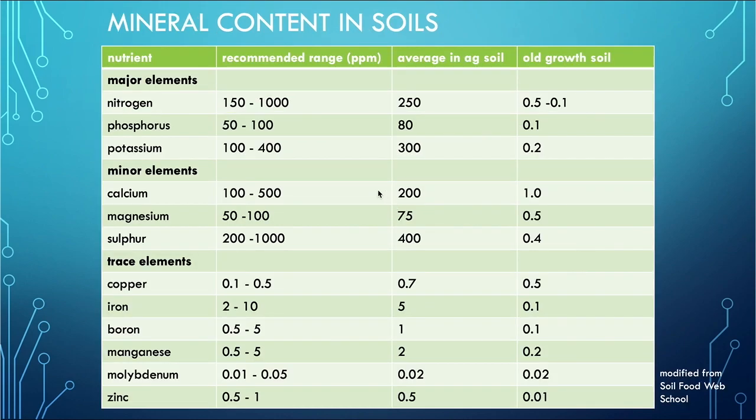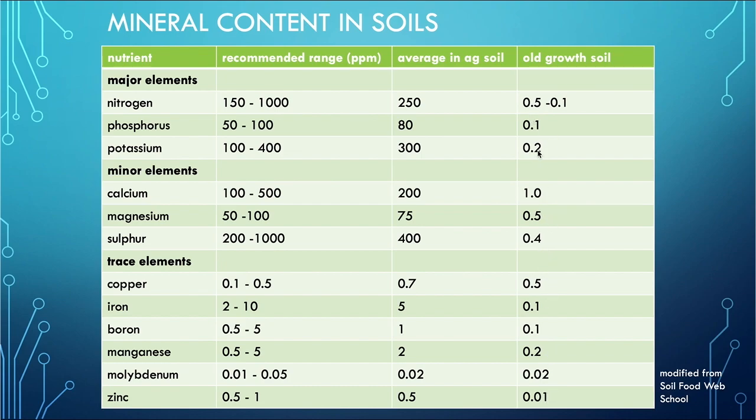Just to also show you this in another perspective, these are the major elements and minor and trace minerals, and these are the recommended ranges that we sort of work by in agricultural circles, and then the average in ag soil is already that much, and old growth forest has very minimal numbers. Tiny, the soil has almost nothing in it.